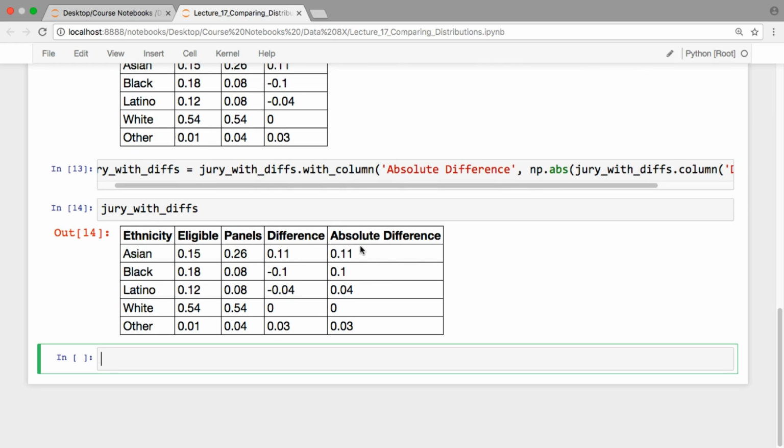So we now have a column of the absolute values of the differences. If you add them all up, you'll get the size of the negative differences as well as the size of the positive differences.